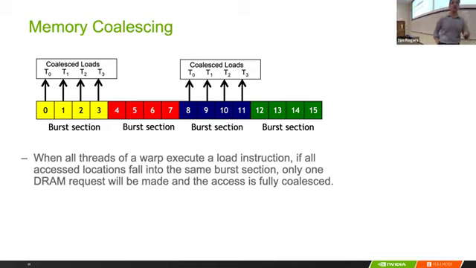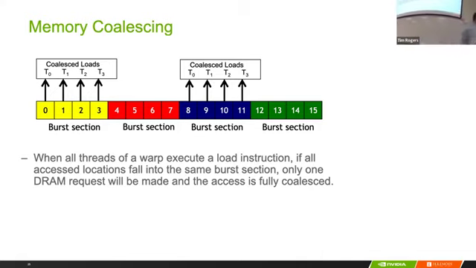And this coalescing gets done in the core itself. So before it even goes out to your L2, across the interconnect to the main memory system, the core is looking at all of the addresses being accessed by all of the threads on a particular load or store, and it's trying to group them such that I minimize the number of accesses into these burst sections.